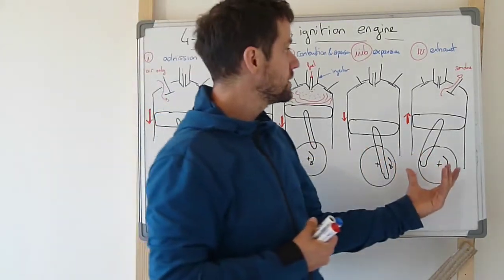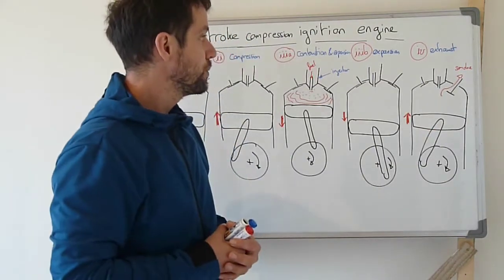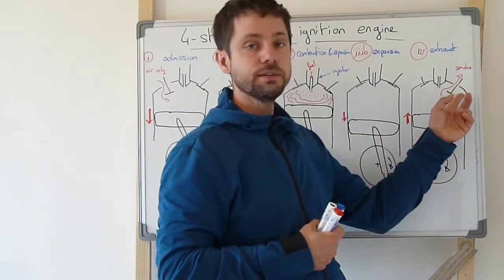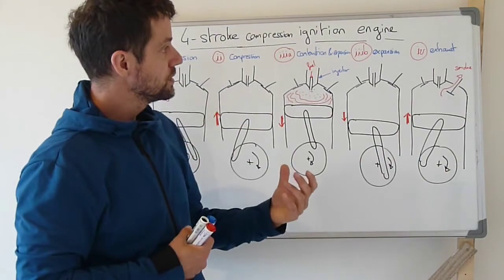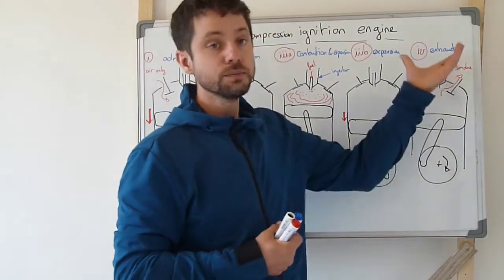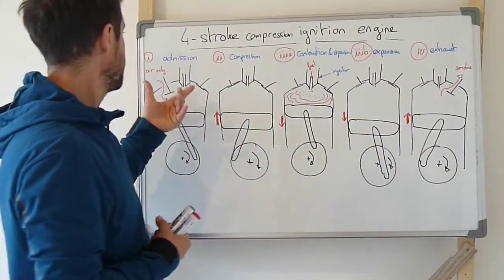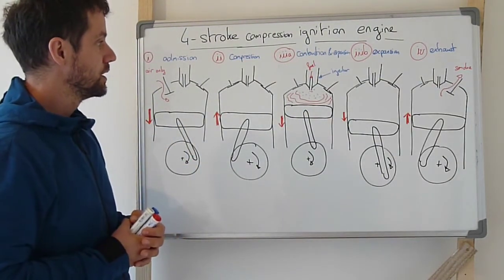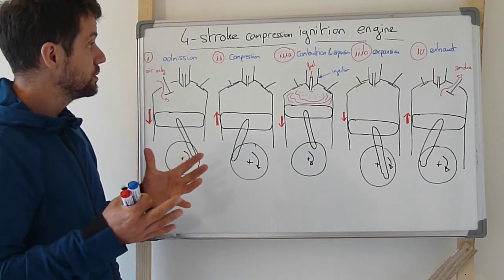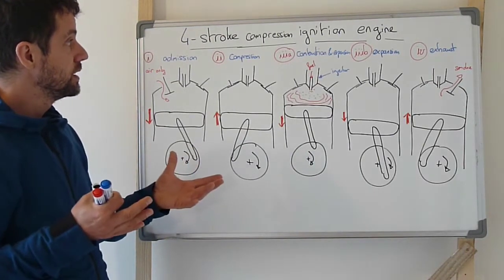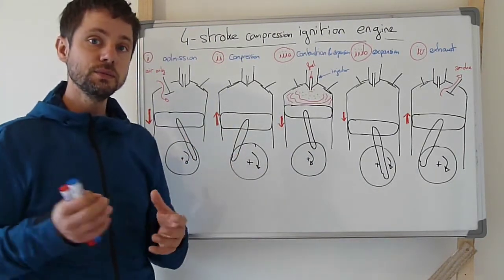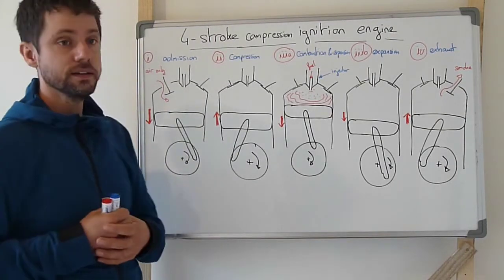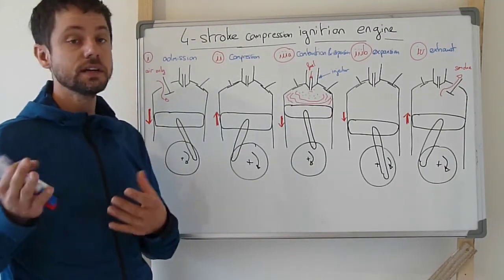Then the last stroke with the exhaust valve opened is used to exhaust the smoke from the system and to go back to the initial state where it can start a new cycle. So that's for the main differences we have between the compression ignition engine or diesel engine with the spark ignition engine or gasoline engine.